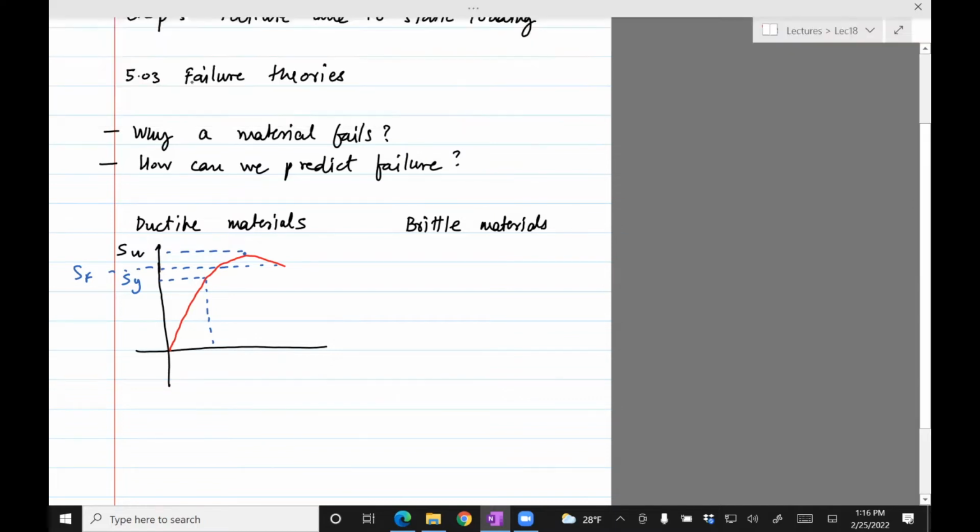On the other hand, for brittle materials, the curve pretty much stops abruptly. It just goes up and just stops. That strength at which material fails, breaks, is either characterized by SU or SF.